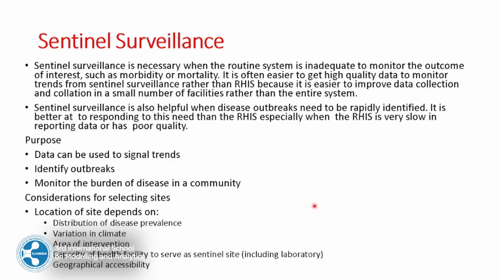We also ask what intervention we want to deploy. For climatic variation, I think Prof was speaking this morning on climatic variations in terms of malaria and also SMC. So it is very important for us to know where to deploy intervention.